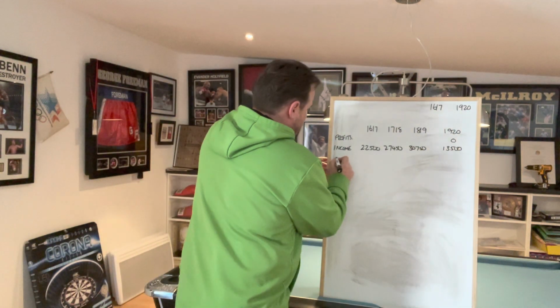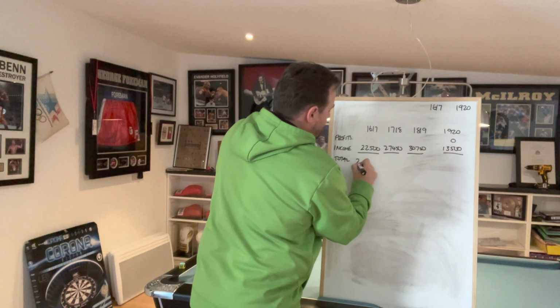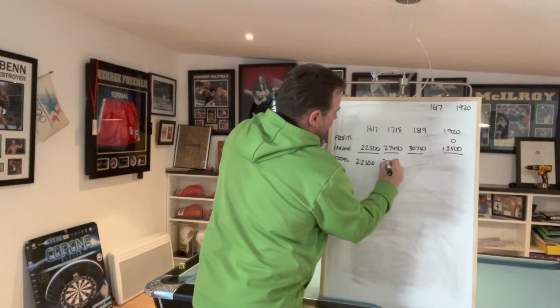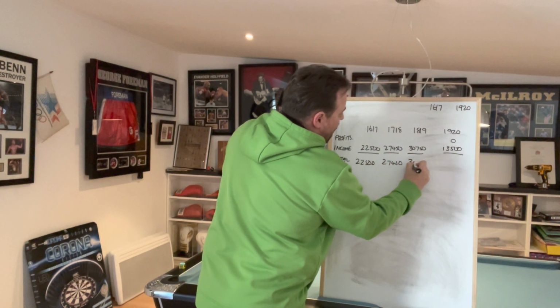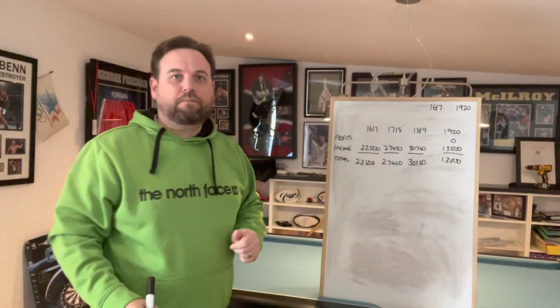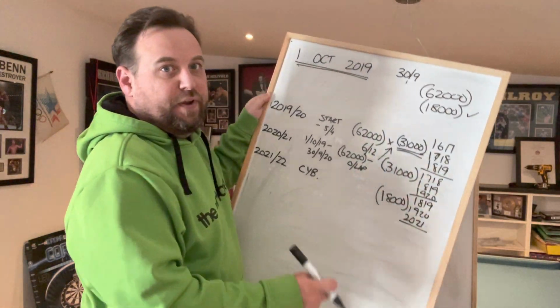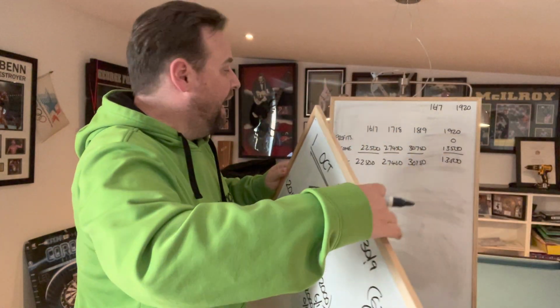We can now give our total income, which is in fact the same because there's been no profits yet. And now we have to use this to figure out what losses we can claim against these years.